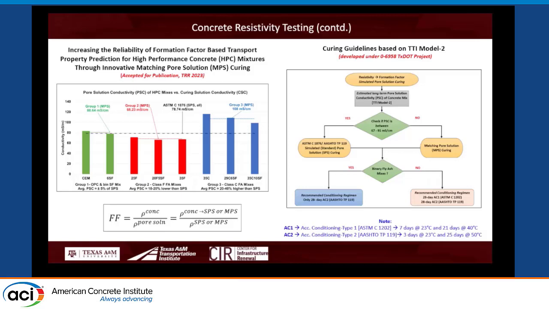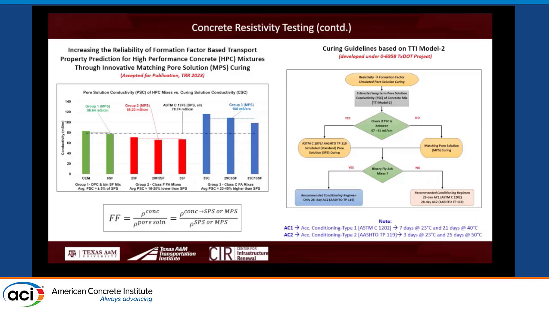What we did is look at the pore solution chemistry of the different mixes. This is cement and 6% silica fume mix. Class F ash 25, 20% class F with 5% silica fume, and 35% class F ash. This is class C ash 35, 29 class C with 6% silica fume, 35 class C and 10% silica fume.